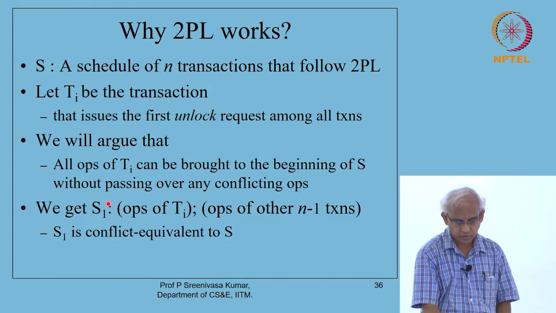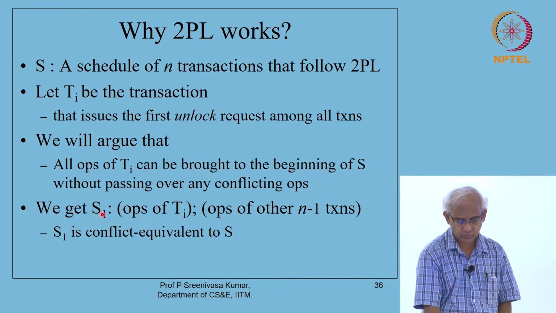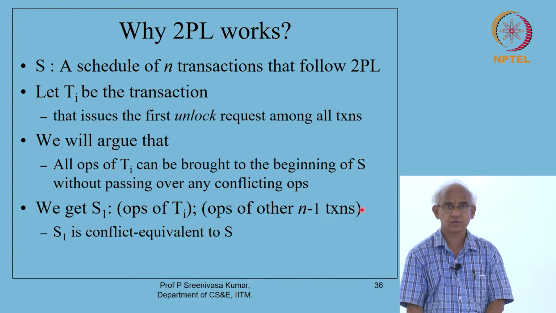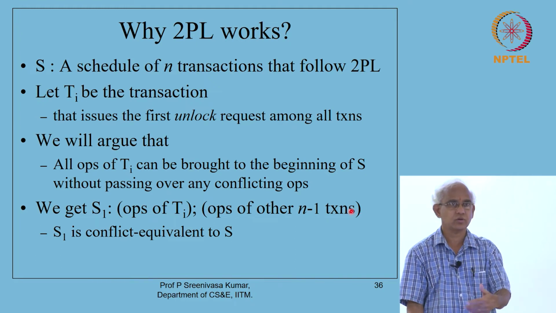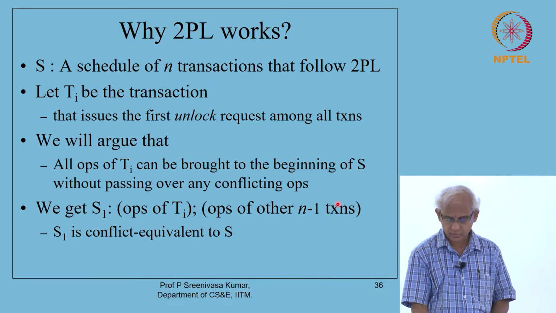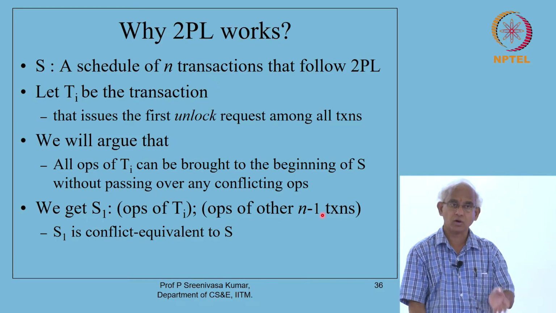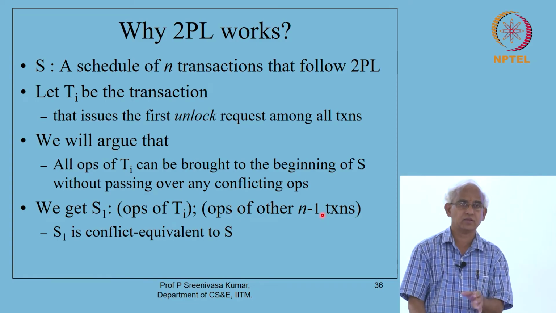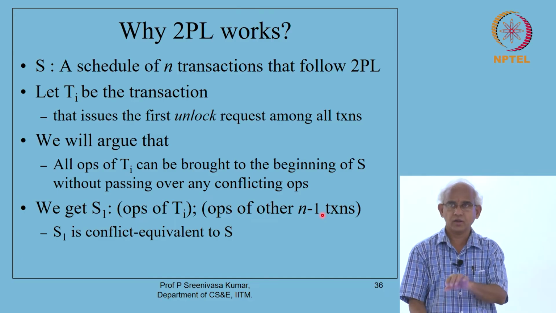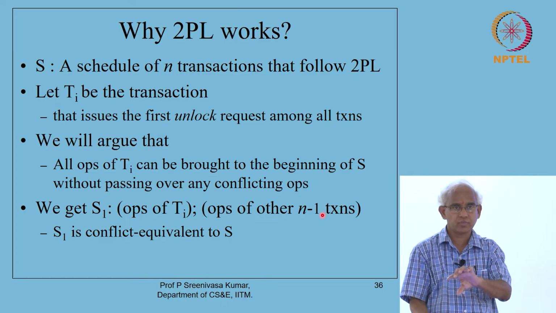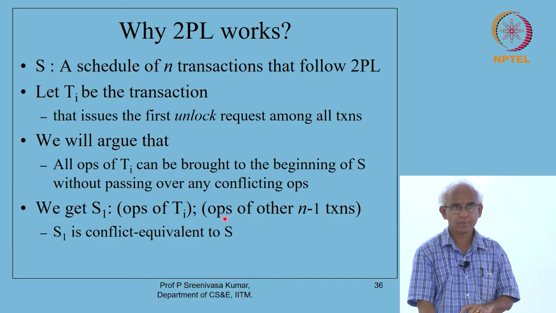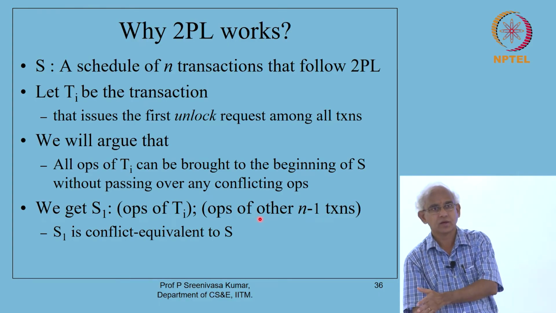Okay, so if we succeed in doing this, we have reduced S to S1, where the operations of Ti come first, and then the operations of the other n minus 1 transactions come. Now we can do an inductive argument and focus on these n minus 1 transactions. Among them, let me find the one that has the first unlock operation. I can repeat the same argument and bring the operations of that transaction to the beginning of that part of S1, and then continue doing that.